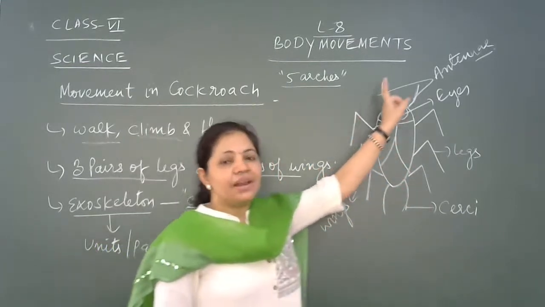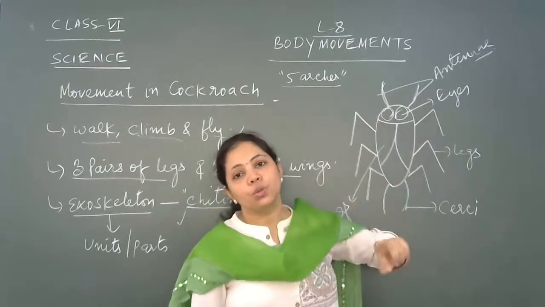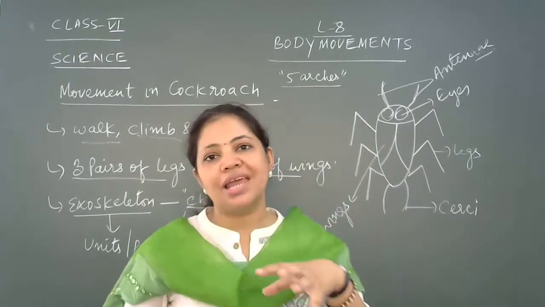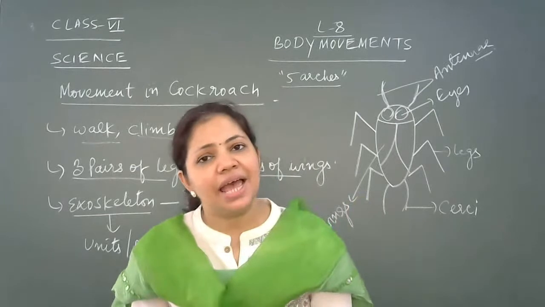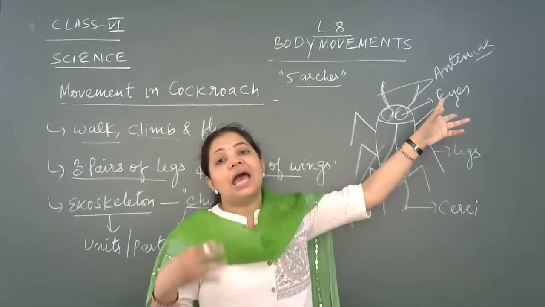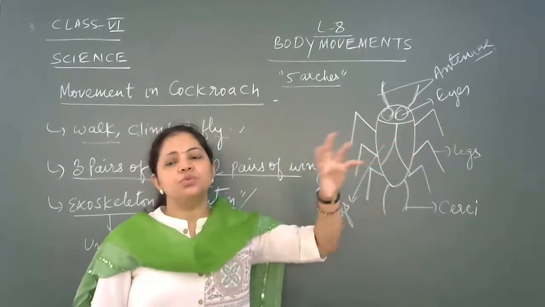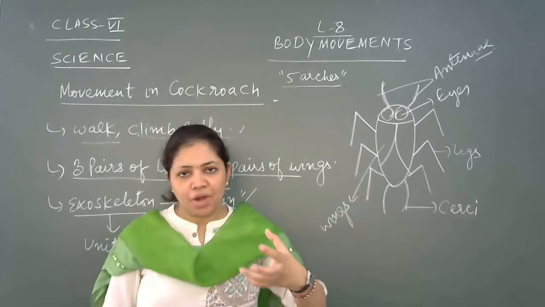Okay. So these hair-like structures which are present on the head of the cockroach, we call antennae, and these antennae help a cockroach to feel and taste, and in some cases they also help them to smell, right?